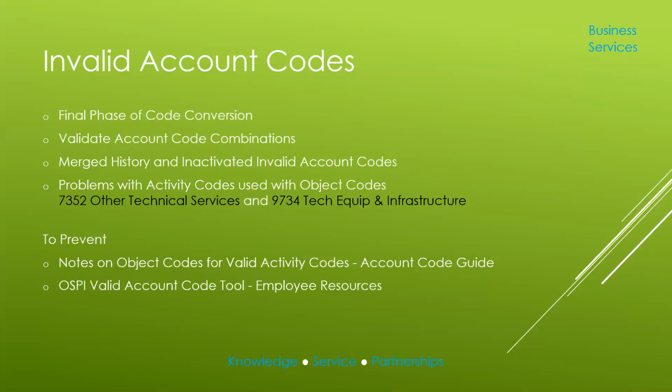Now, to prevent invalid account codes, we've got some notes next to the object codes for valid activity codes in the account code guide. Look for these. We've also got the OSPI valid account code tool out on the employee resources. This is where you'll need to know the asterisks or the required object codes to be able to do some filters to see what are valid activity codes to use with those object codes.